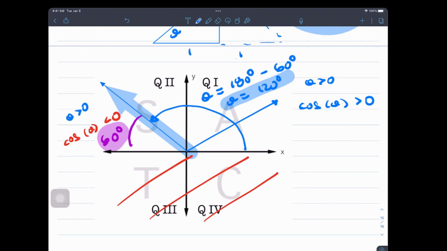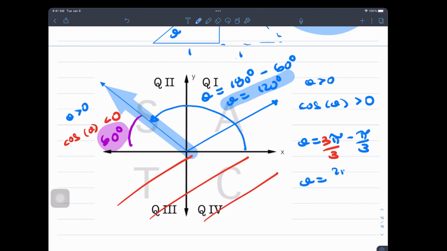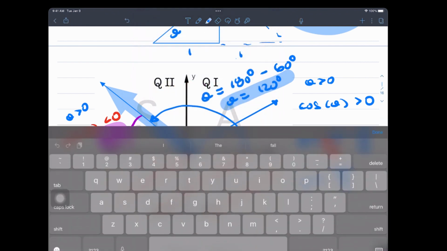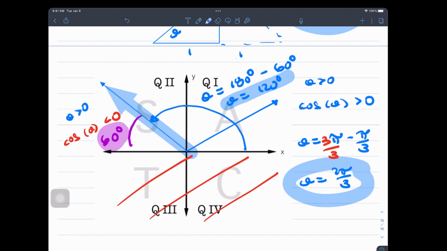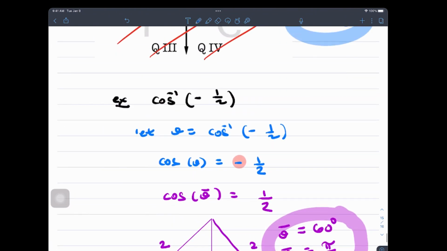Now, you might say, what is that in terms of radians? Isn't that pi, that's 180, and then pi over 3 now? And what's theta going to be? Isn't that 2 pi over 3 now? So your final answer is that theta is 2 pi over 3.